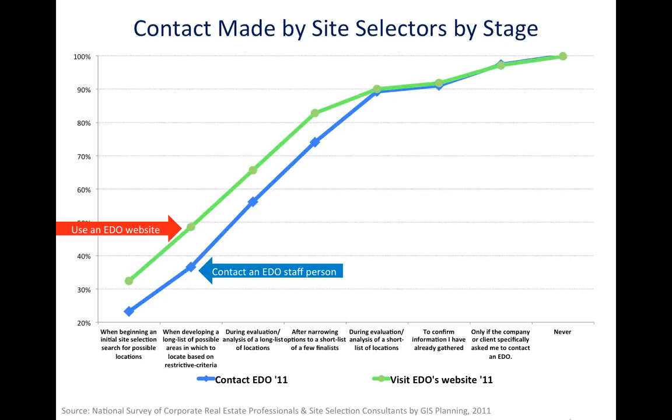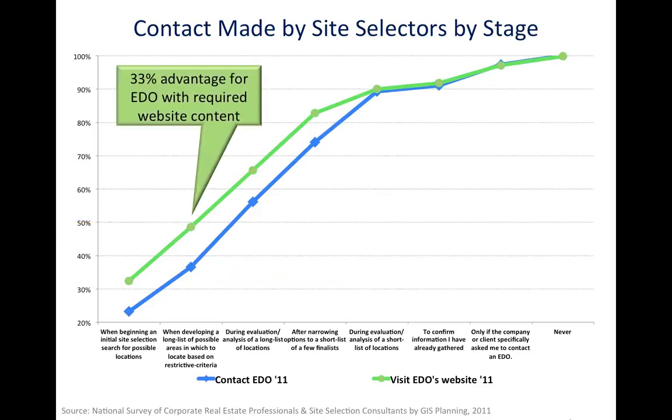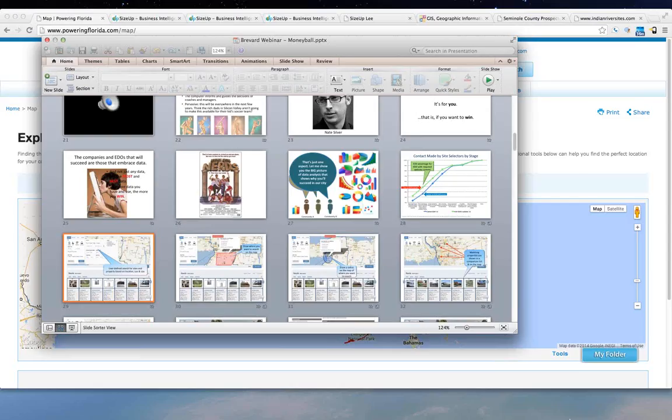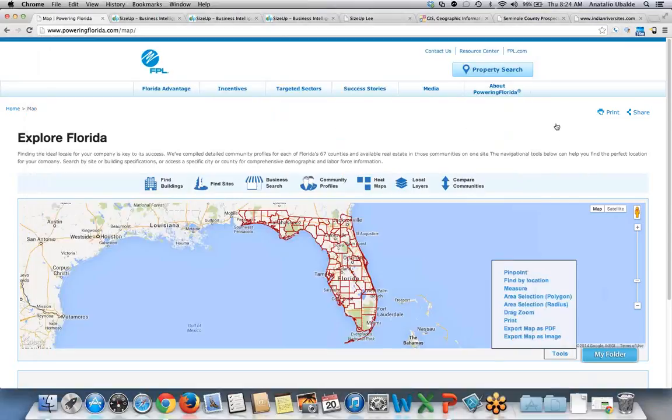This certainly gives these businesses an advantage as they know a lot of information before they speak with an economic development professional, but it certainly puts these economic developers at a disadvantage if they don't have the right information online. I'm going to show an example and switch screens.